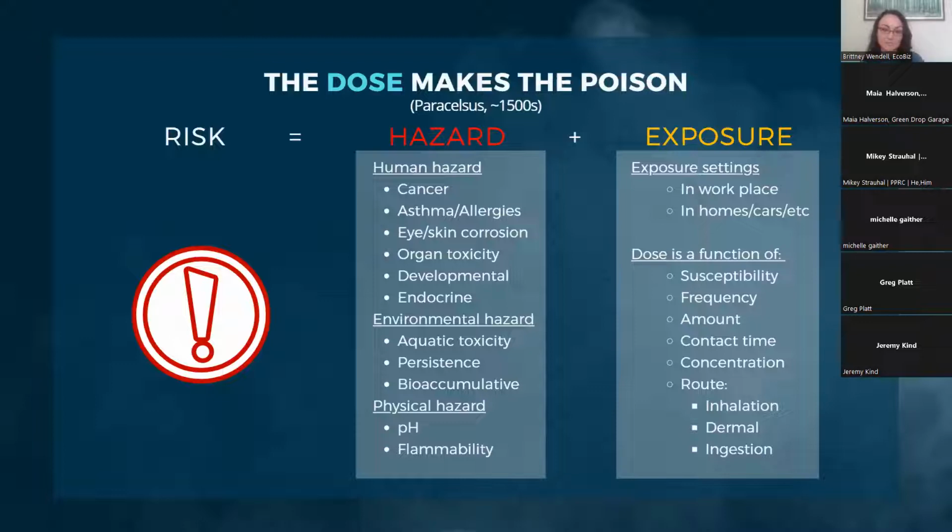So the hazard here was low with the water, but the exposure was very high. Risk is dependent on how much of the chemical you are exposed to, how concentrated it is, how long you're in contact or how long you're breathing it in, how frequently you're exposed, and whether someone is more susceptible.